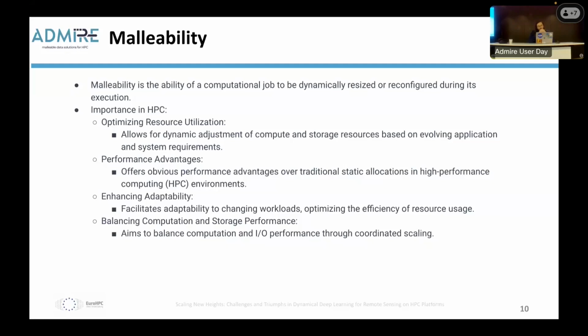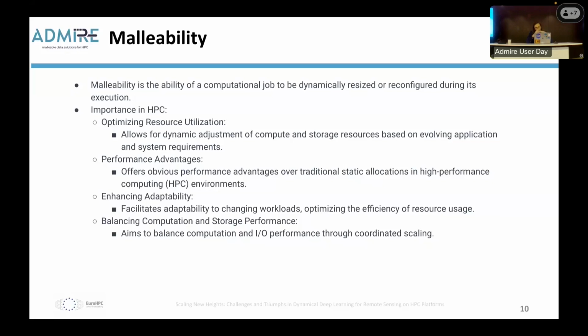Why is that? Deep learning models can have millions up to billions of parameters. They are typically compute-intensive tasks, and depending on the problem that you're solving, they can also be I/O intensive.